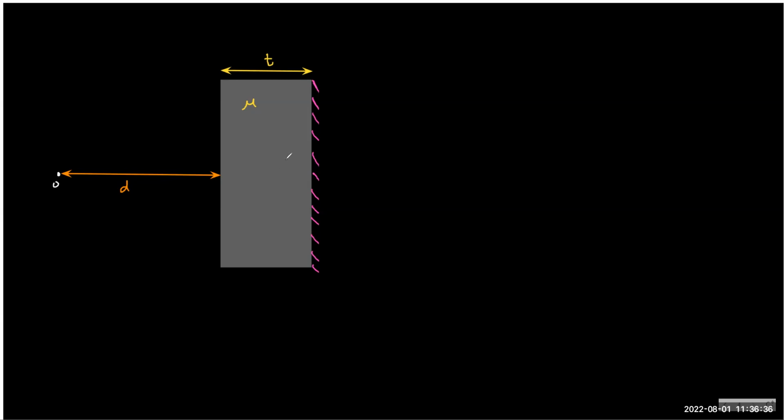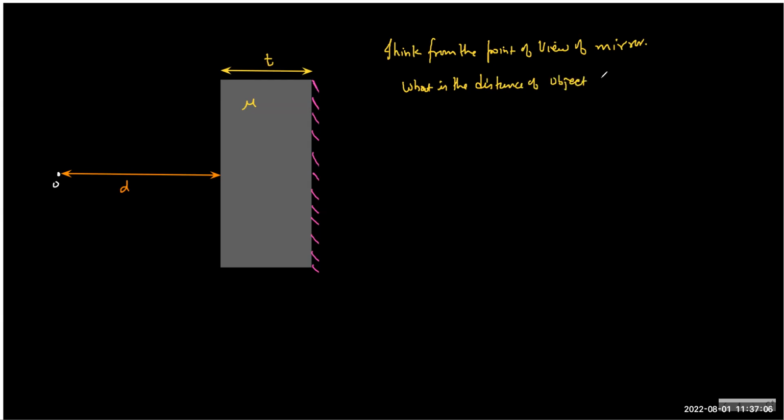Imagine from the point of view of the mirror. What is the distance of the object from the mirror? t plus d. What is the distance of the object as perceived by the mirror?